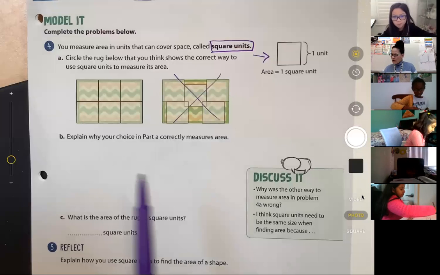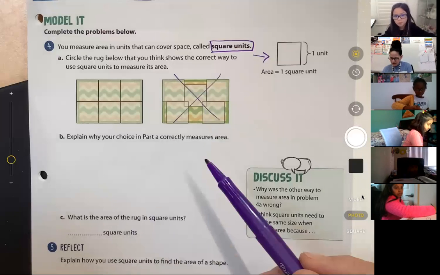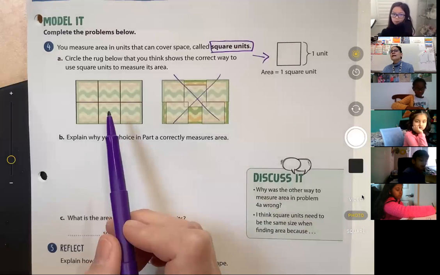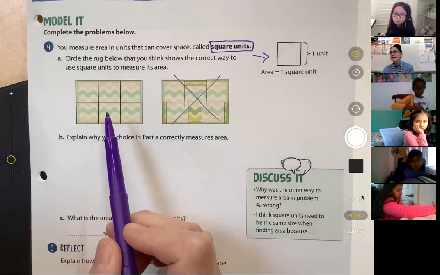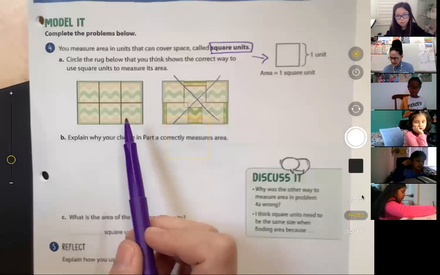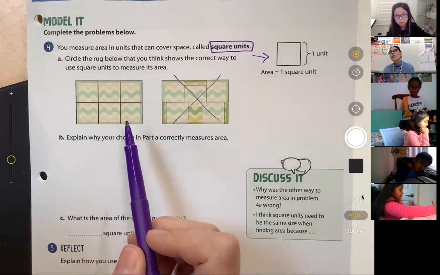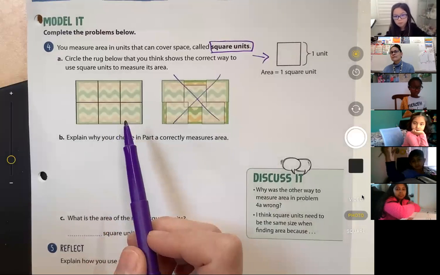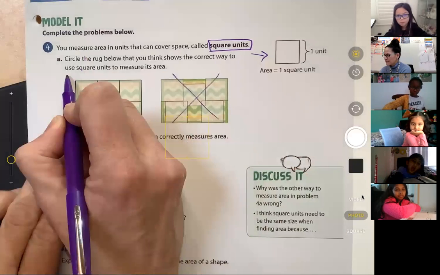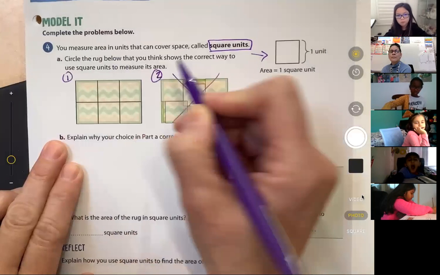So when we want to explain what we are doing here, the correct way is clearly this first sample up here. Why? Because the squares are fully covering the space that we want to measure. All right, so for clarity, let's number our rugs.